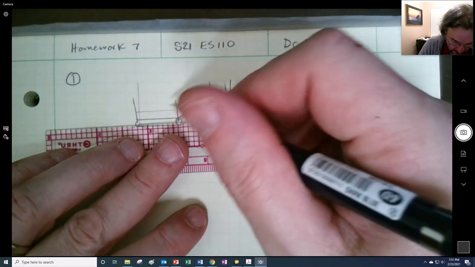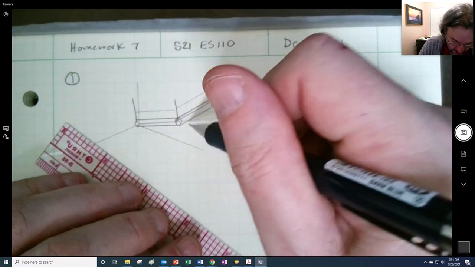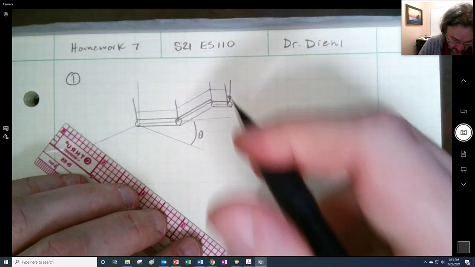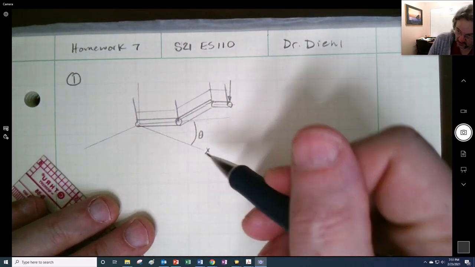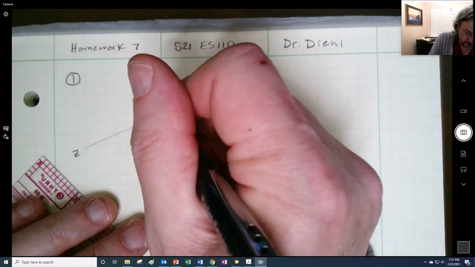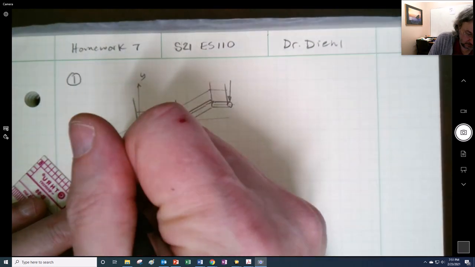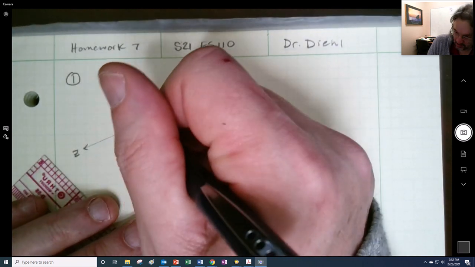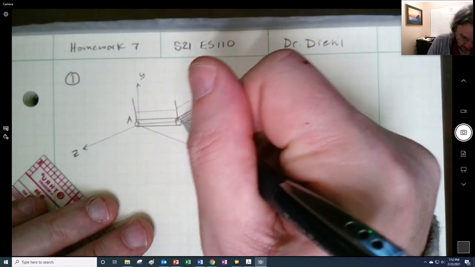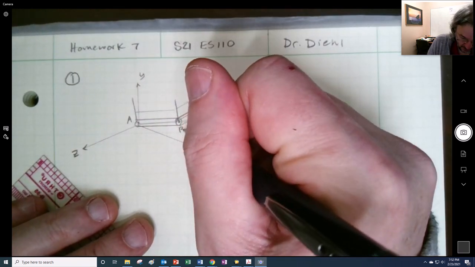I got to wonder if people are going to pick up on this, but that's okay. It's a little bit more difficult than you might think. I have a feeling people are going to oversimplify it, and I'm starting to think that I have previously oversimplified it, but let's check it out.